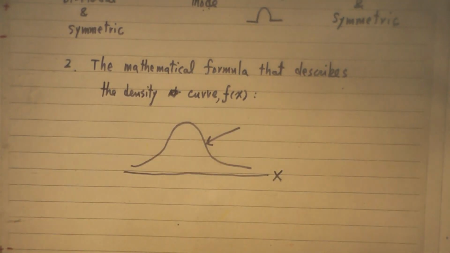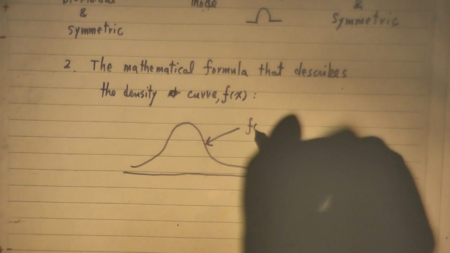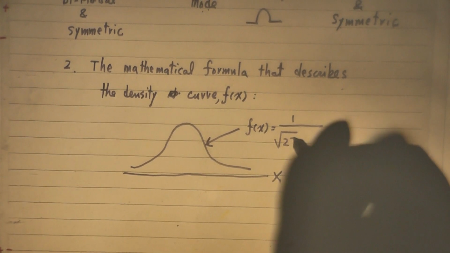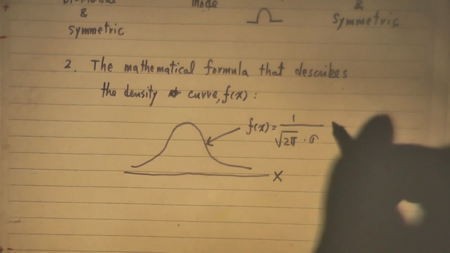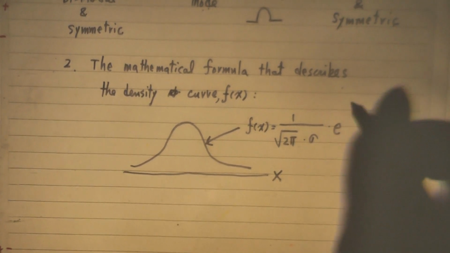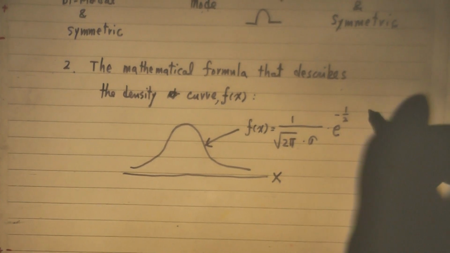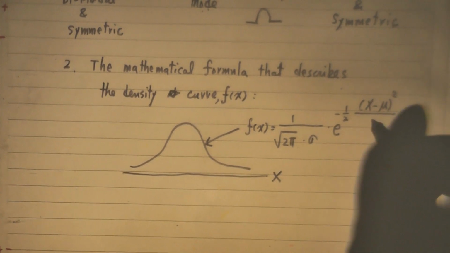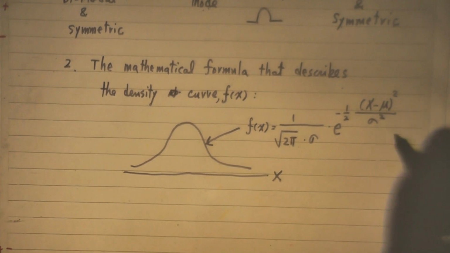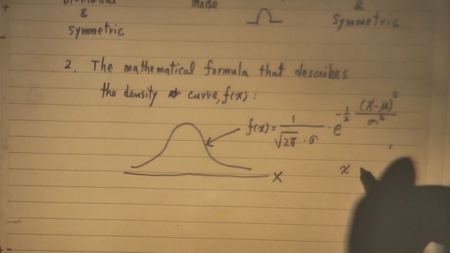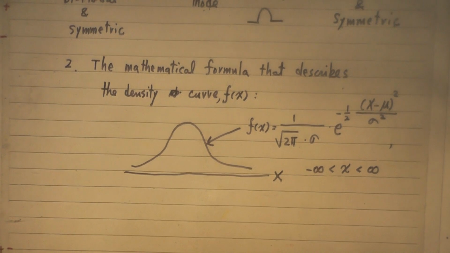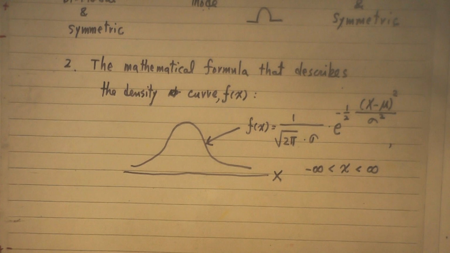What function describes this normal curve? f of x equals 1 over square root of 2 pi, divided by sigma, times e to the power minus 1 over 2, times x minus mu squared over sigma squared, where x is between negative infinity and positive infinity. This is the functional form to describe the shape of the normal curve.